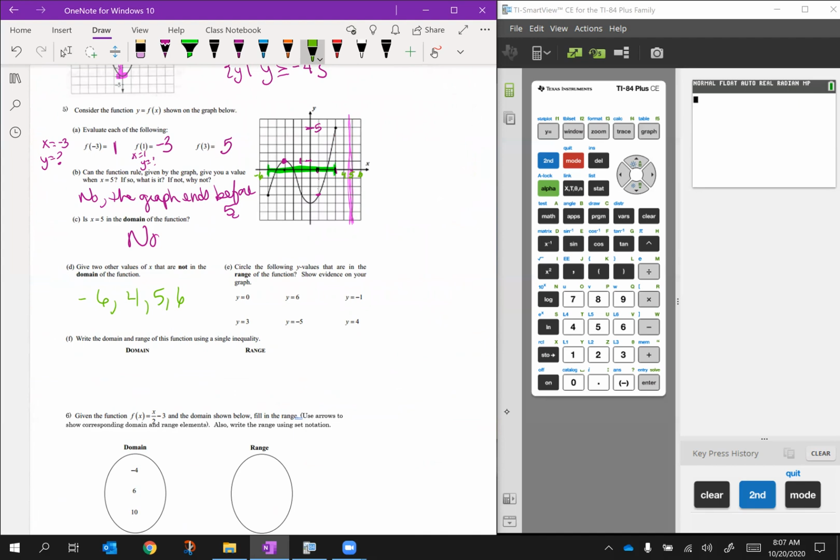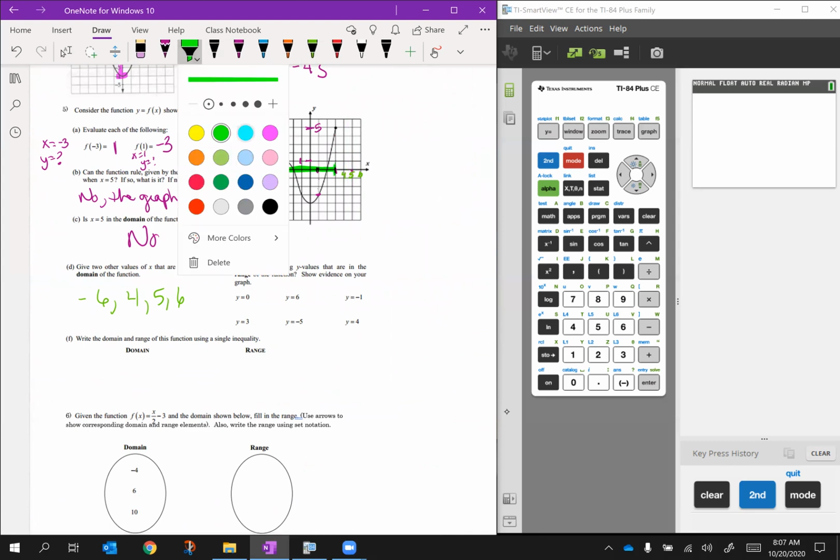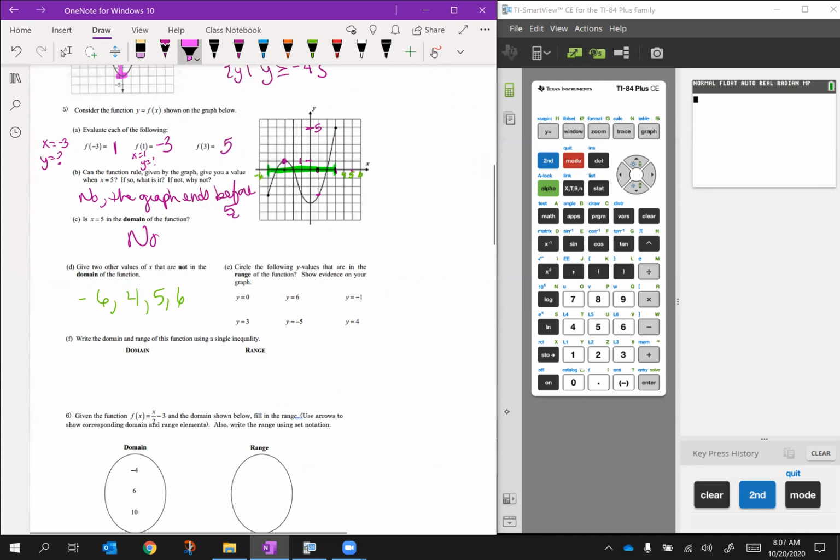Circle the values of y that are in the range. All right, so let's look at the range. So I'm going to go back to my purple. I'm looking for the lowest to the highest. So I know it goes up to 5 for a maximum, -1, -2, -3, -4 for a minimum.